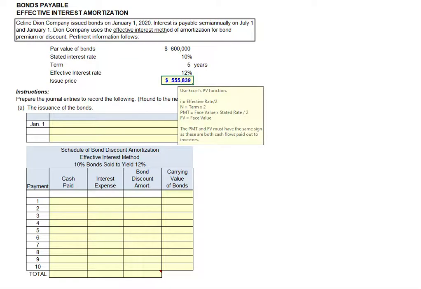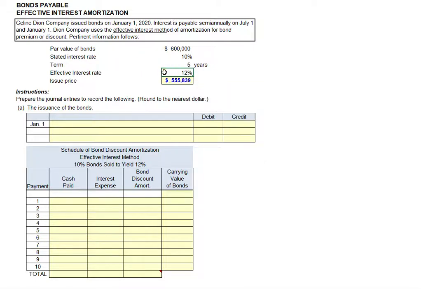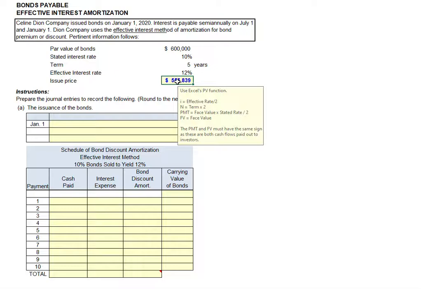We can calculate the issue price of $555,839 using Excel's present value function or your financial calculator. We're going to take the effective interest rate of 12% and divide it by 2, so we have 6% for the interest rate. The number of periods for our bond will be the 5-year term times 2, or 10.